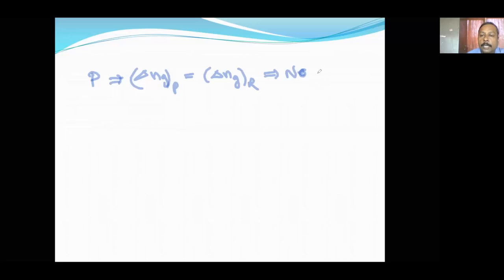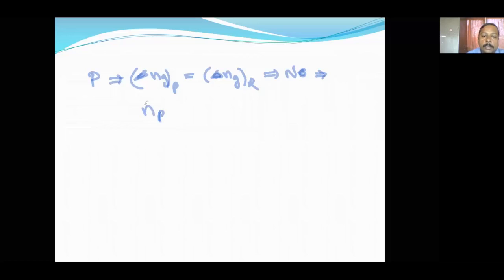I don't think such easy questions will come, but you will calculate delta Ng. If delta Ng is 0, then increasing or decreasing the pressure will not shift the equilibrium.